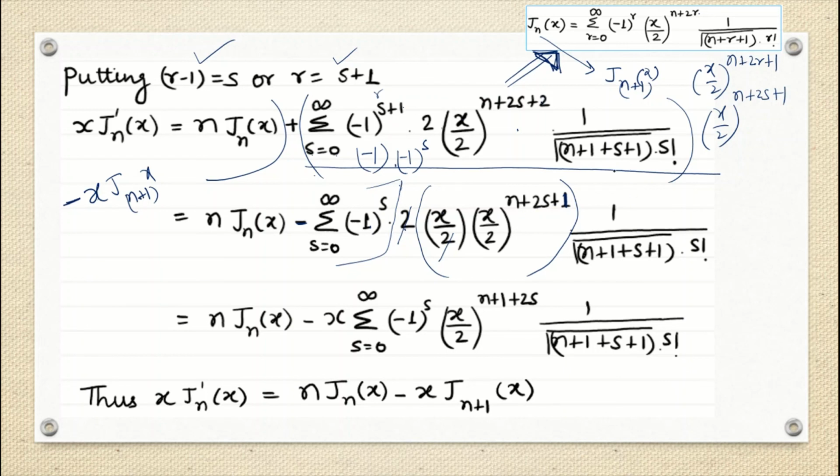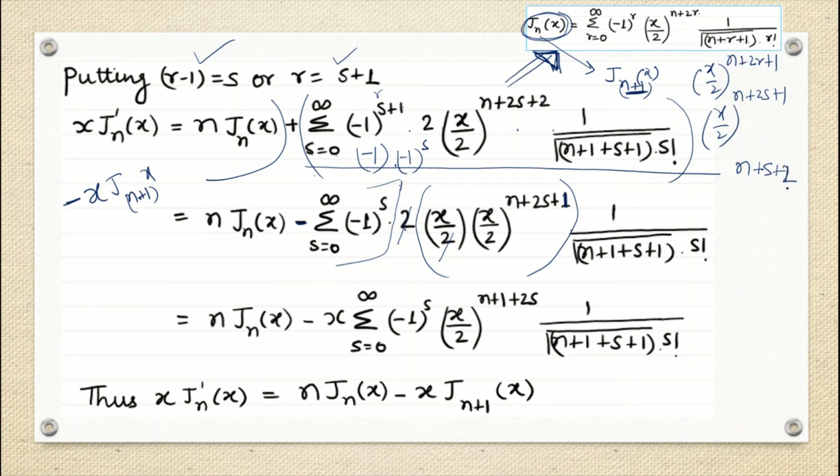Now in the gamma function, that is also okay. In the J n x form, inside the gamma should be n plus r plus 1, or n plus s plus 1 if it is your J n x function with respect to the s variable. But if it is J n plus 1, it should be n plus s plus 2, correct?